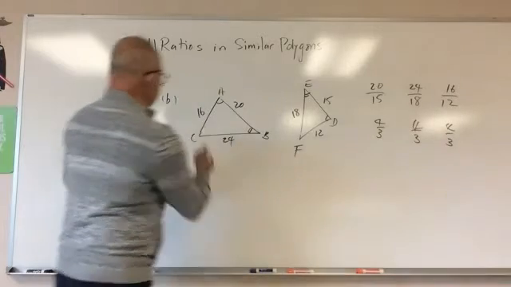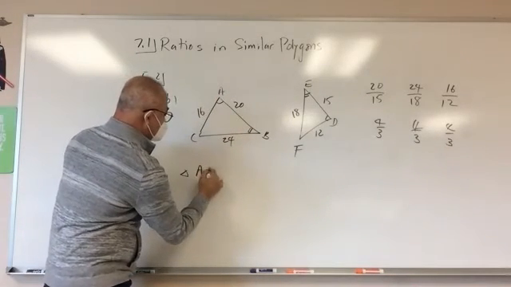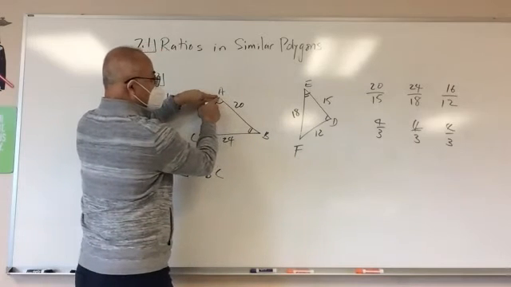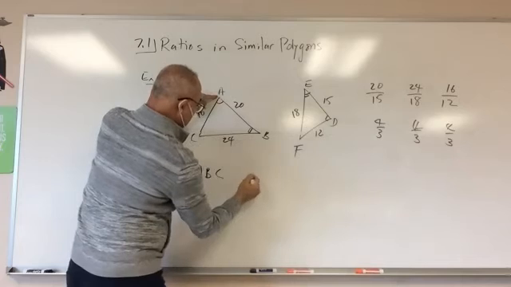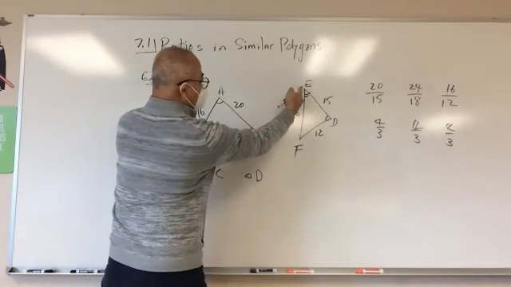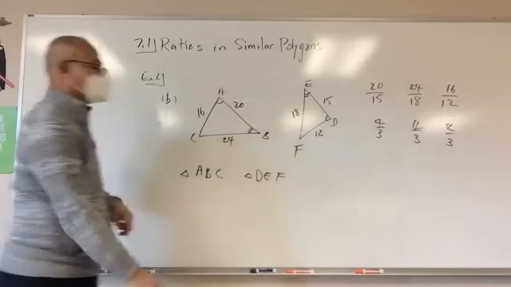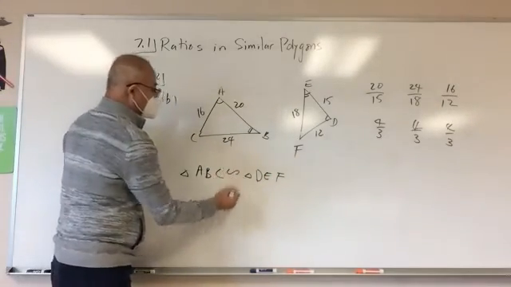So triangle ABC, let's go ABC. So what's the corresponding part to A? D, right? So the triangle D, E, F. The statement you're going to write is going to look like this.